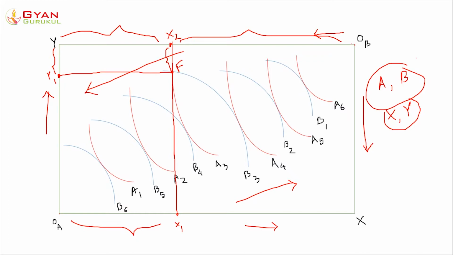Clear? Now how much of commodity Y is going to A? Y1 OA, this much of commodity Y is going to consumer A, and this much is going to consumer B. Clear? Now at point F, how much utility is A deriving?